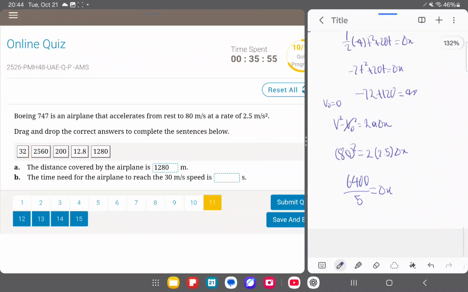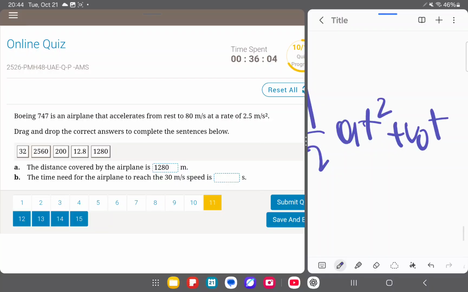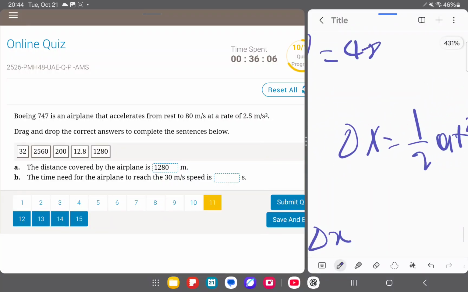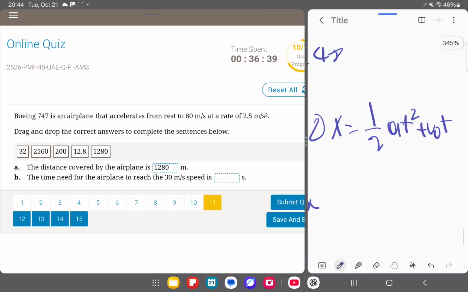And the time needed for the airplane to reach 30 meters per second. Now, again, we have to use x equals half at squared plus v0t. Sorry, delta x. Time needed to reach the 30 meters per second speed. No, wait. How can we use this here? We do not need to use this formula.